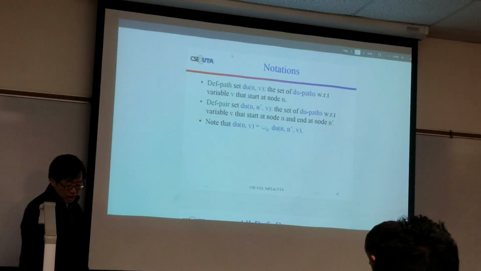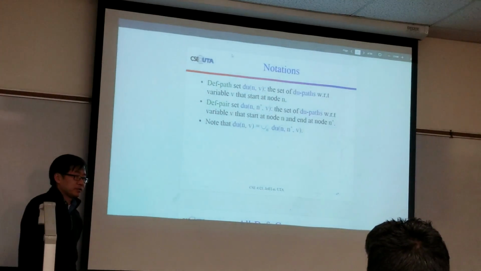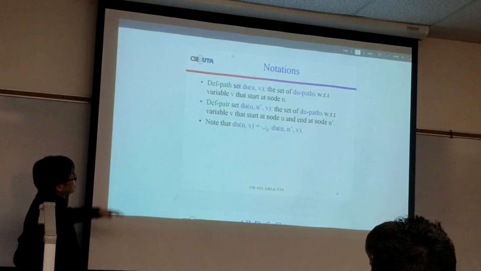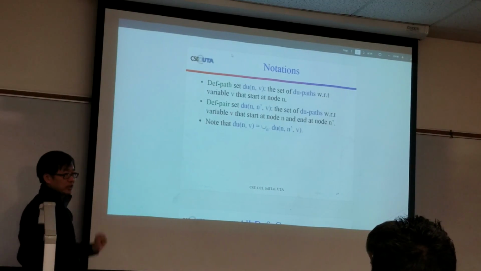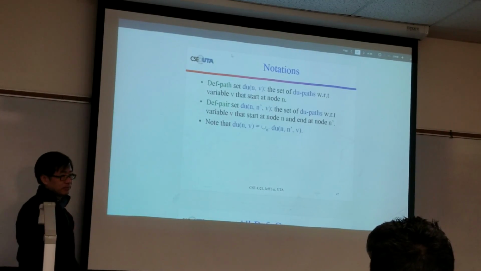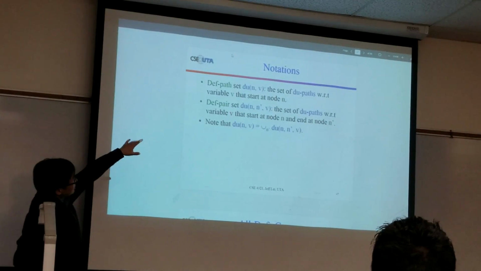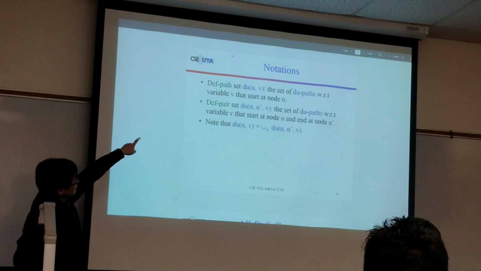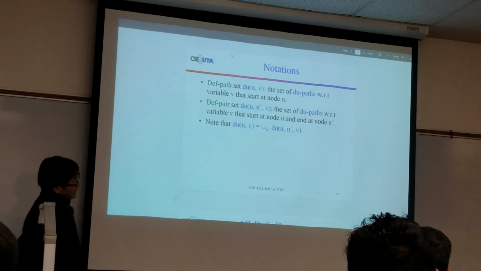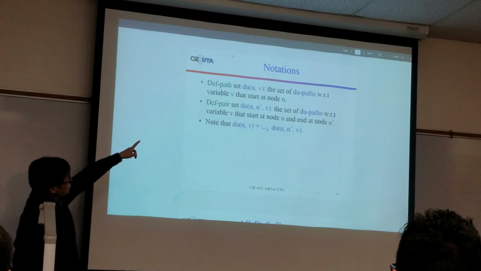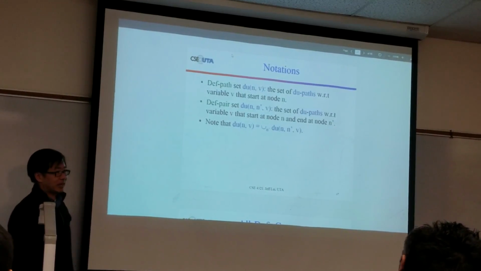Now we're going to talk about some coverage criteria. Before that, we're going to introduce two notations. One is called the du path set, du(n, v).